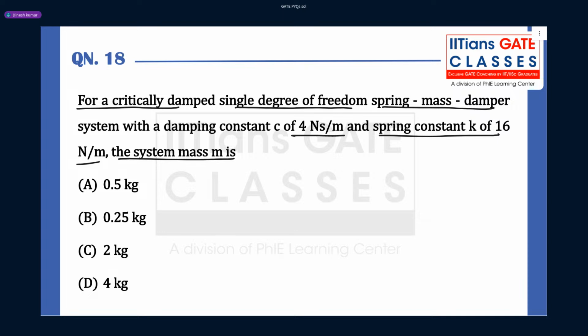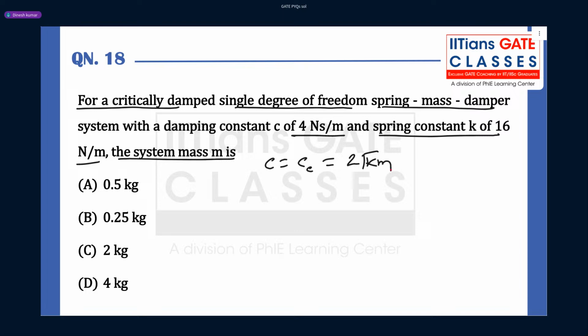So we know, guys, in a critically damped system your damping coefficient C becomes Cc. And we know Cc is always 2 under root Km. In this case they have given C as 4 Newton second per meter, and they have given the K value. What is unknown? Mass.